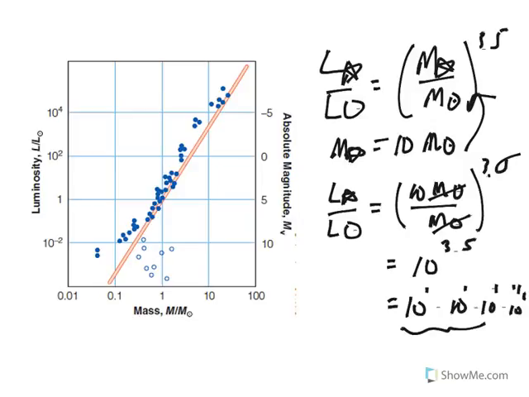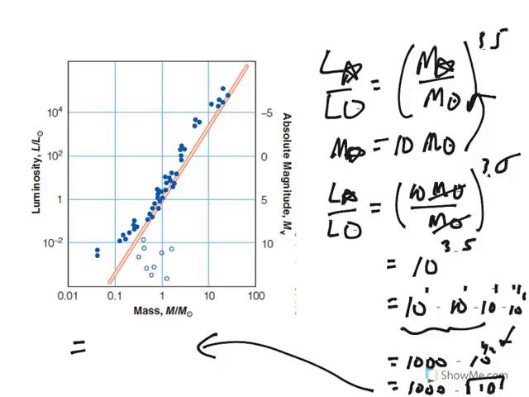If we multiply the first three together, we get 1,000 multiplied by 10 to the 1/2 power, which is the same thing as 1,000 times the square root of 10, which is the same thing as 1,000 multiplied by 3.162. And if we multiply that out, we get 3,162 for the luminosity of the star relative to the luminosity of the sun.